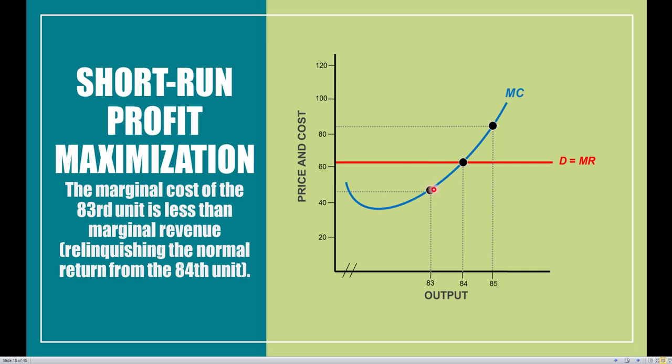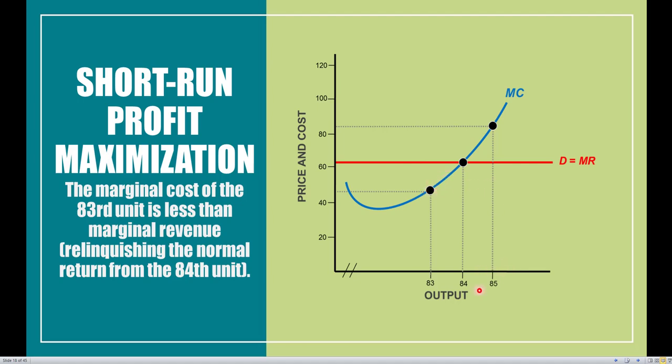So there's still some profit to be made if they sell one more unit. They sell it for $60, but it only costs them $50. So there is always an incentive for them to have more profits, more revenues, by producing one more unit of the good.